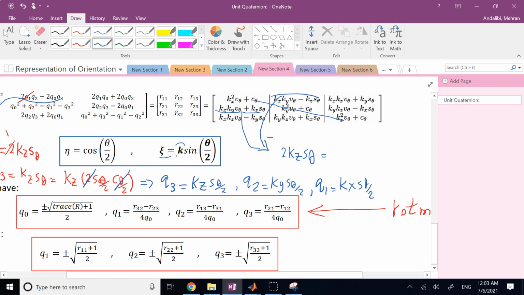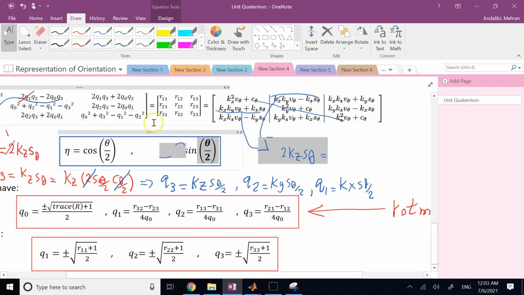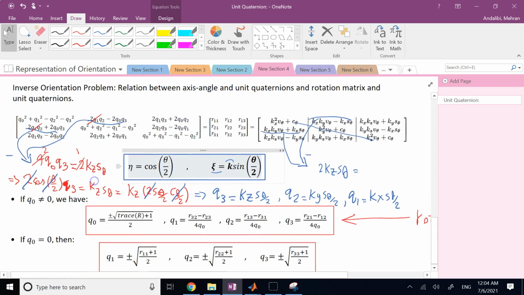Okay, so very easy, you can relate your axis angle to what? To quaternion. So if I give you theta and k, you should be able to give me back zeta and eta, right? Or if I give you eta and zeta, you should give me back your theta and your k. So converting axis angle to quaternion and vice versa is very easy through these two formulas, okay?